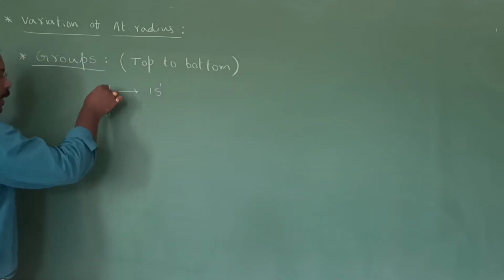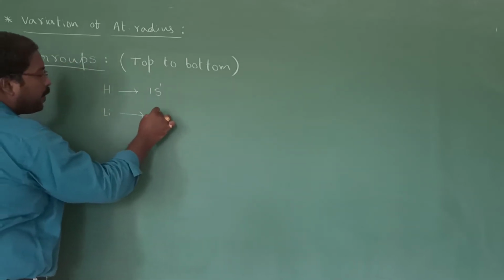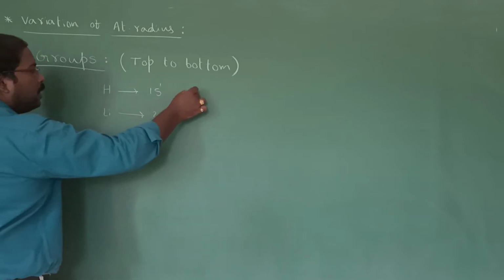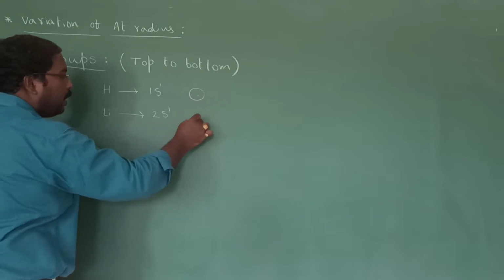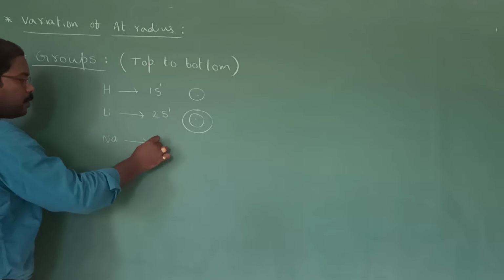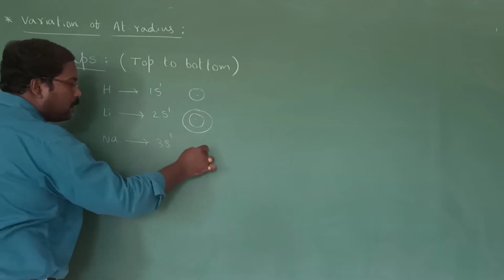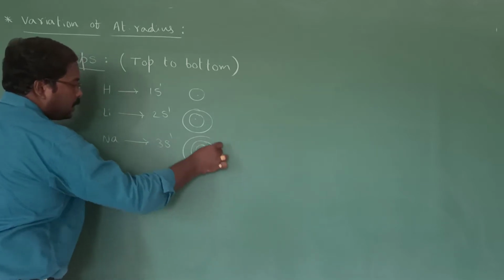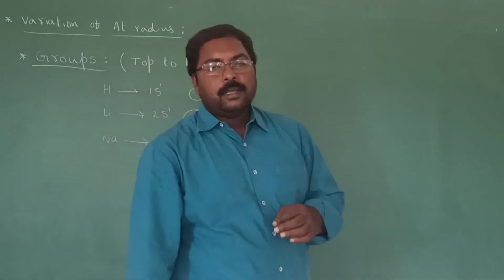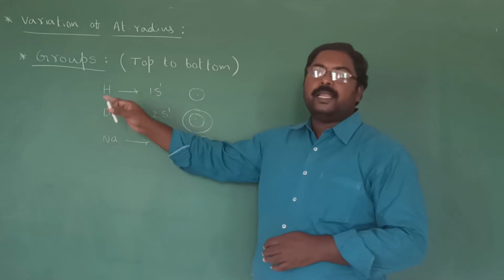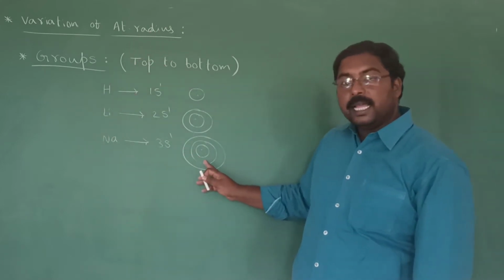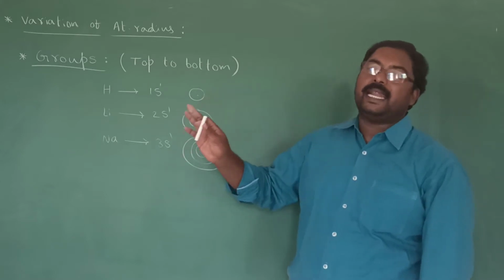Coming to the next element in the group, lithium has 2s1, meaning it has two orbits. Hydrogen has only one orbit, lithium has two orbits. Sodium has 3s1, so it will have three orbits. So in the groups, from top to bottom, the atomic radius increases. The reason behind that is the number of shells increases.